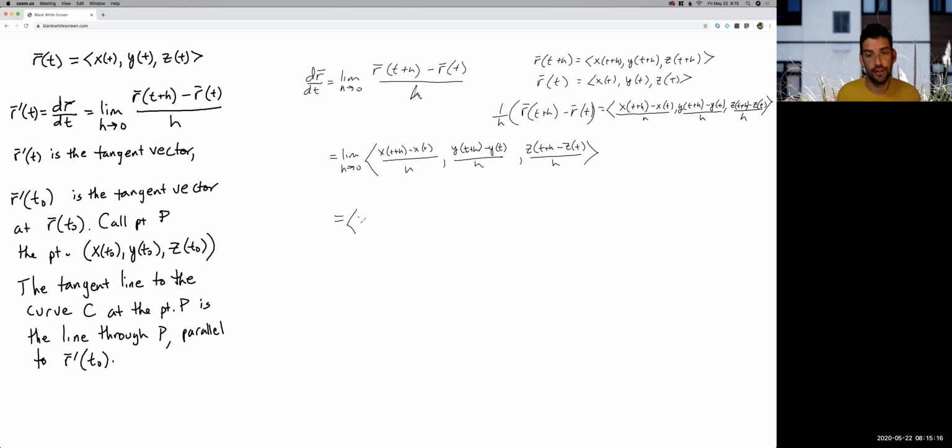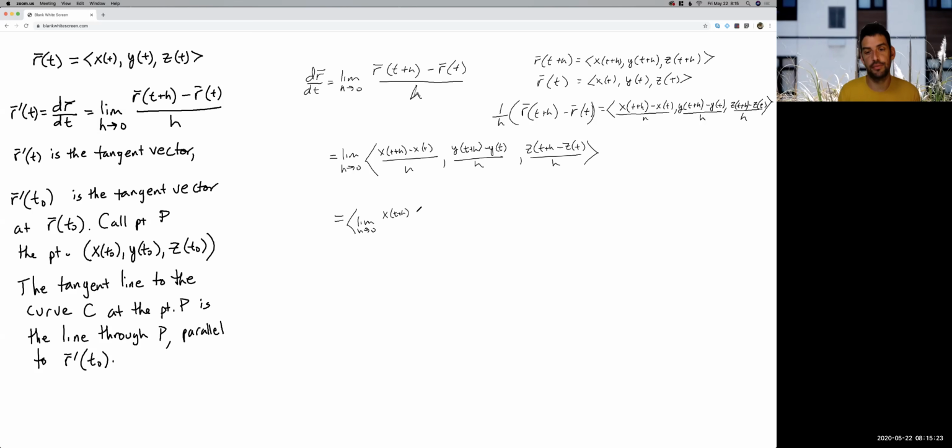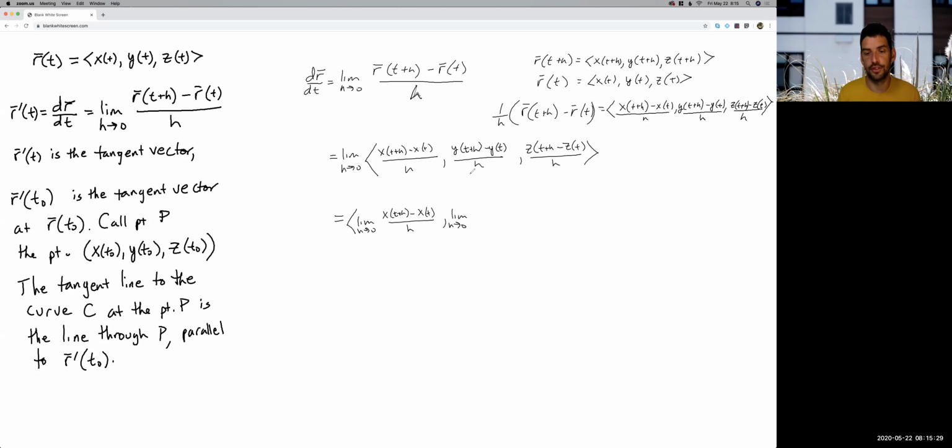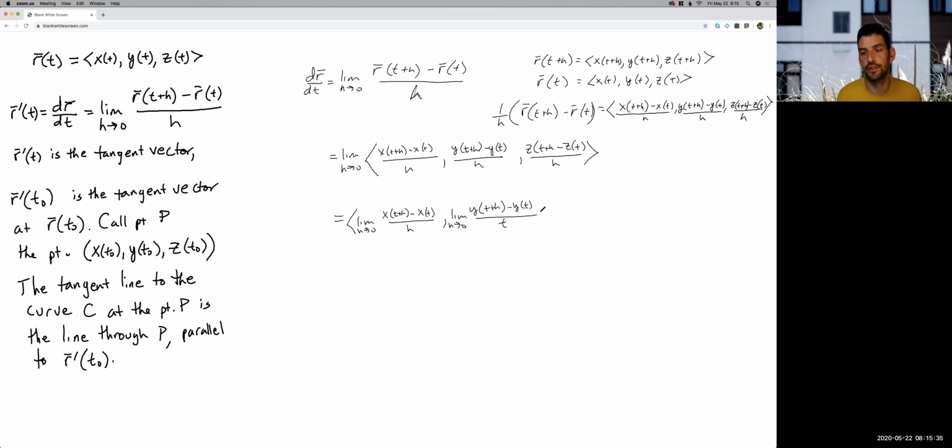We're almost there. The limit as h goes to 0 of x of t plus h minus x of t over h. The limit as h goes to 0 of y of t plus h minus y of t over h.